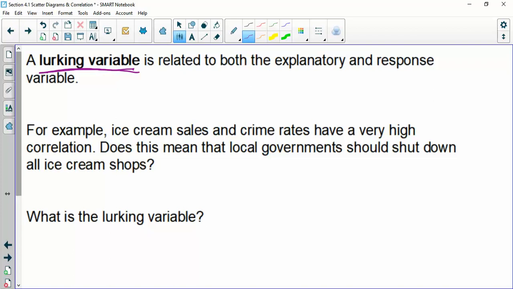Even just like in cities, if we looked at how much BBs sold in a day and crime rates, they would go up together. And it actually has to do with heat. When it's hot outside, do you buy more ice cream? And studies have shown that when heat gets worse, crime rates go up. So they're related, but they're not causing one another at all. So we have to watch for those kinds of lurking variables.